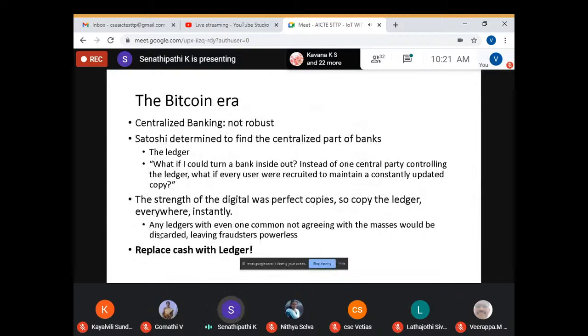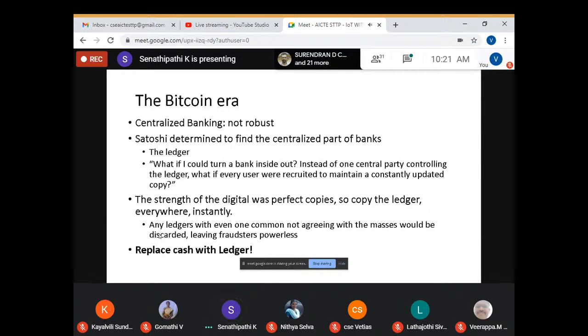So Satoshi Nakamoto proposed a solution for this, that is Bitcoin and blockchain technology, wherein the ledgers are distributed to every participant, and it replaces cash with the ledger, right? So we are moving to the Bitcoin era.